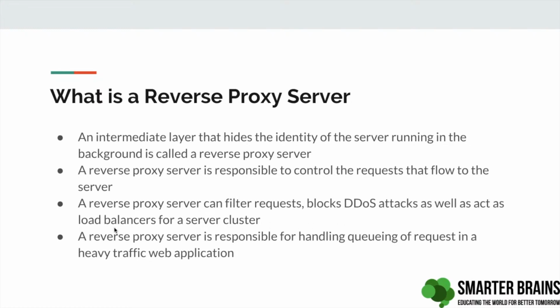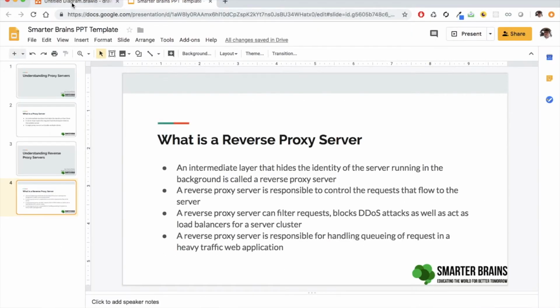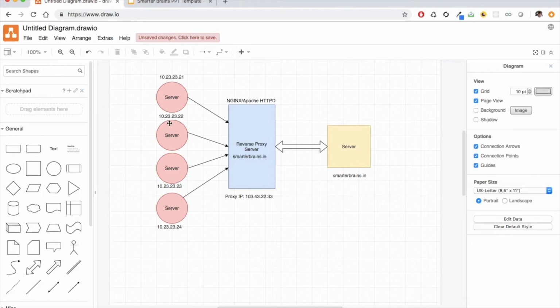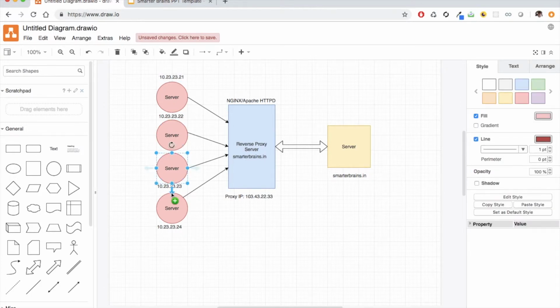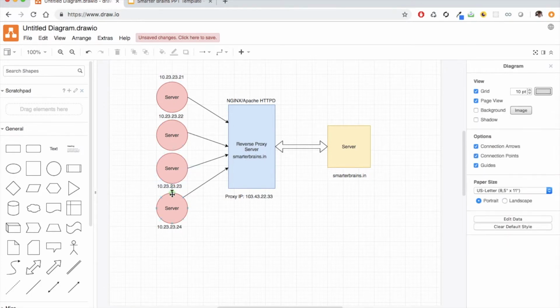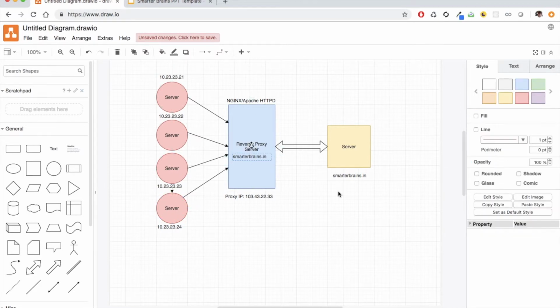Also, if you have a cluster of servers, let us say there are multiple servers running. Let me show you an example. Here I have a bunch of servers, like 4 servers, running to serve a particular website, let us say smarterbrains.in.